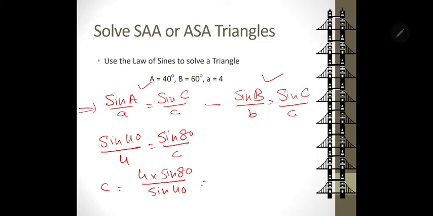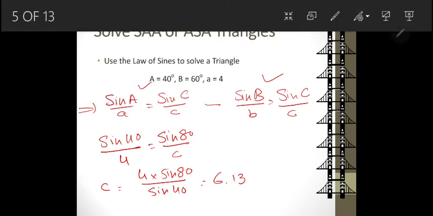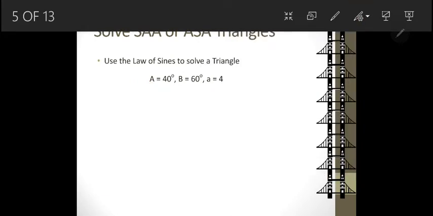And once again, if you use your calculator, so I'll have 4 times sine of 80 degrees divided by sine of 40 degrees. The answer is going to be 6.13. So this is the answer for side C. Let's move on.